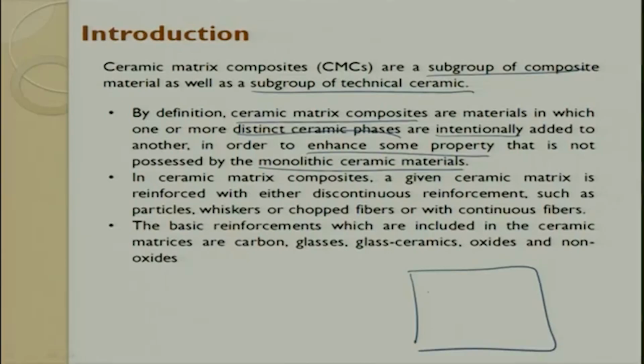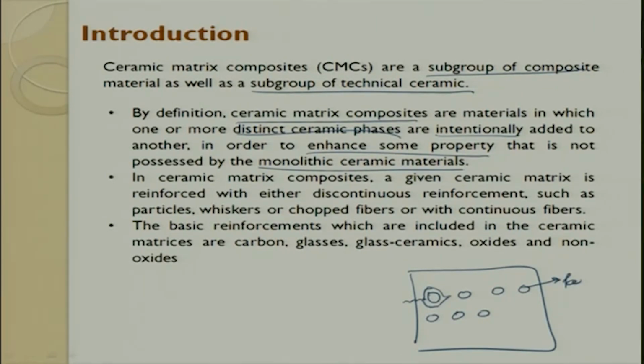The toughness property can be enhanced by adding particulates. What happens when you add particulates? When you have a ceramic and add particulates in it, and a crack grows, the crack gets diverted, or the crack energy is reduced, and it goes around the particulates. When it goes around, the energy is dissipated, and because of this dissipation the crack does not go further. So, the toughness property increases.